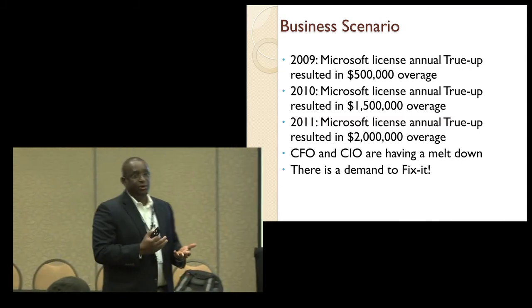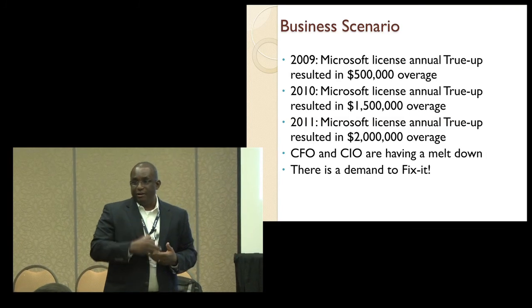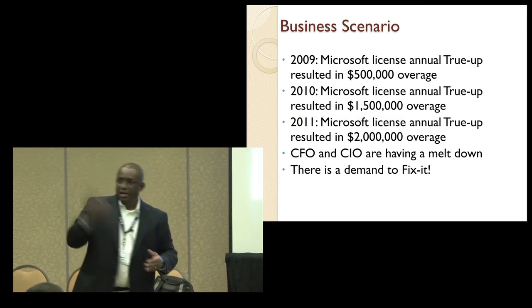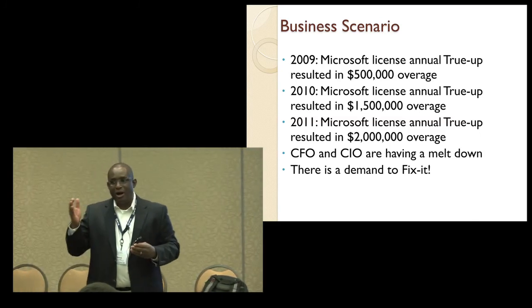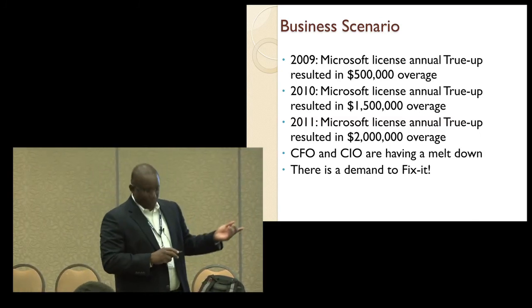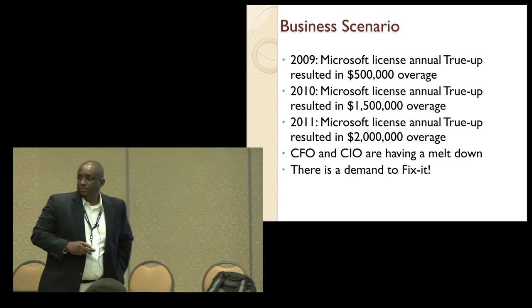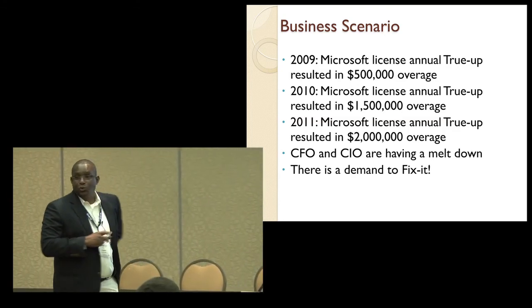Now, at the end of the year, you have to do a true-up to verify. I said I was going to use 1,000 licenses at the end of the year. Well, where are you? So now the first year, in 2009, it was $500,000. In 2010, it's $1.5 million.